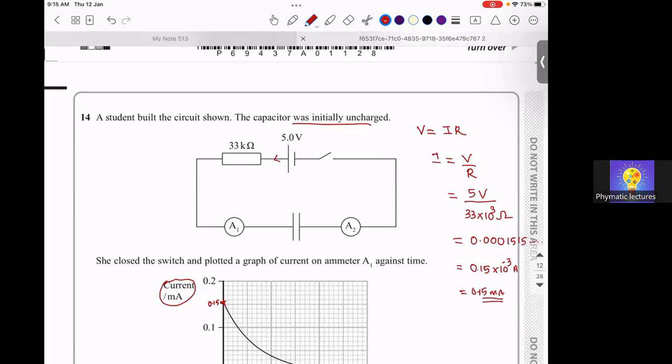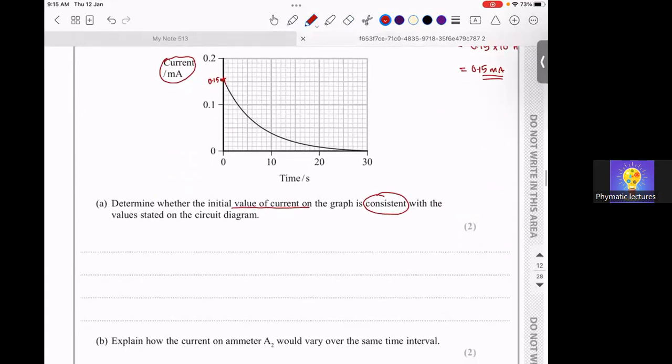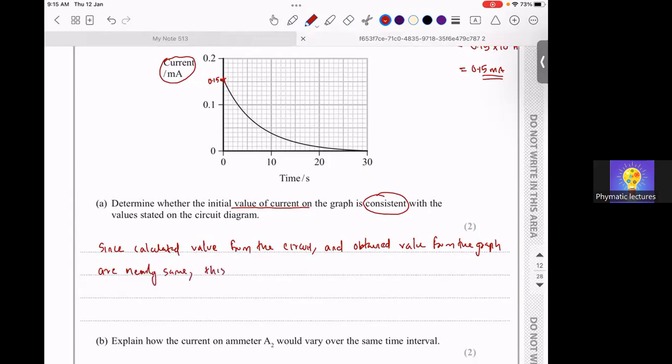What does that show? It shows that since the value calculated from the circuit and the value obtained from the graph are nearly the same, this is consistent.